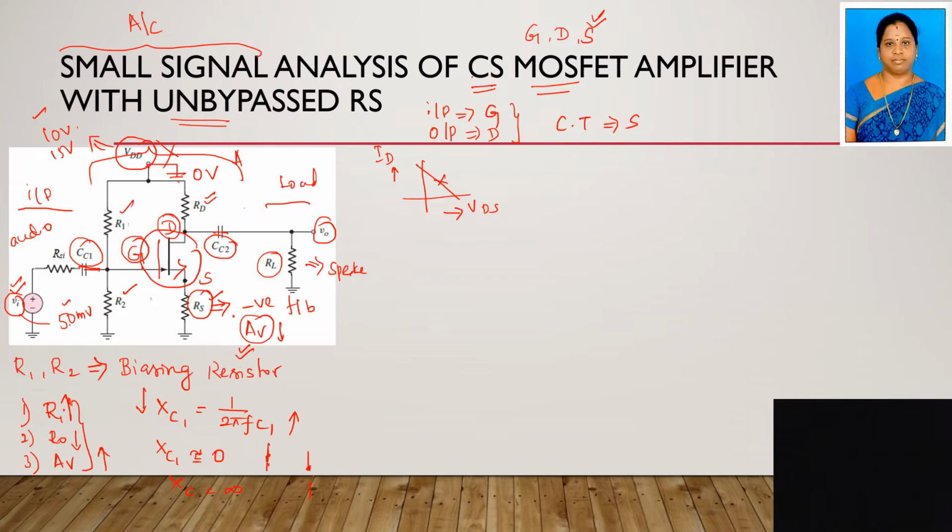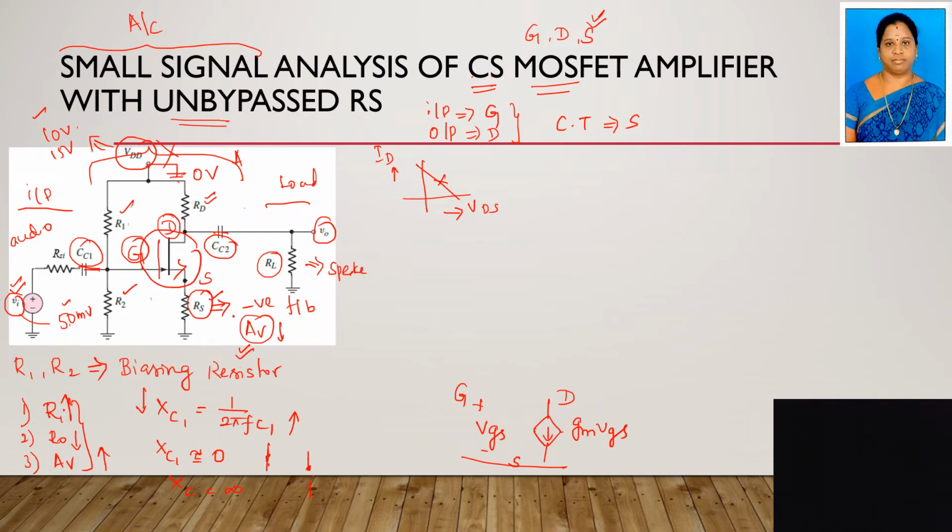What is the equivalent diagram? You know that the input is the gate, the output is the drain, and the common terminal is the source. Between gate and source, we have the voltage VGS, the potential difference between gate and source. And between drain and source, we have a current source, gm times VGS. Here we are not including R0, because we are neglecting the channel length modulation effect, which is like the Early effect in the case of BJT.